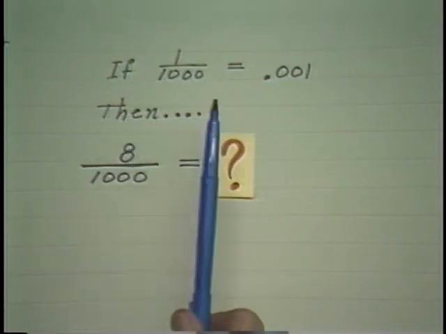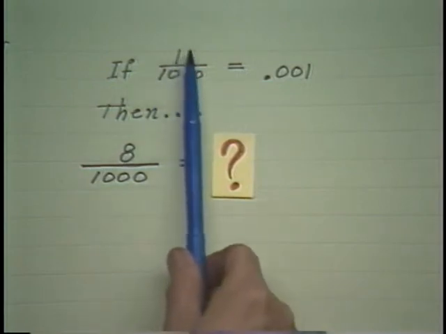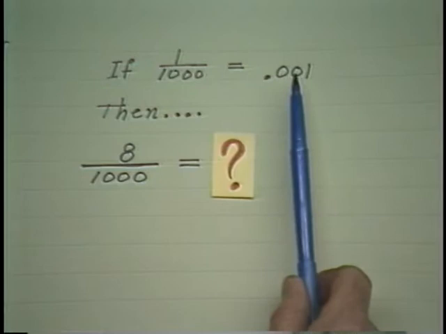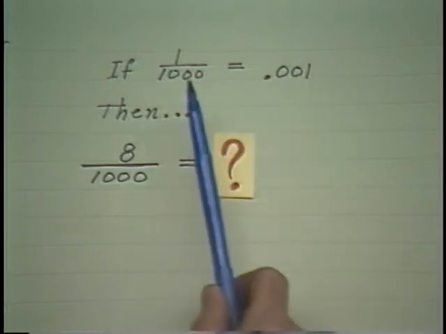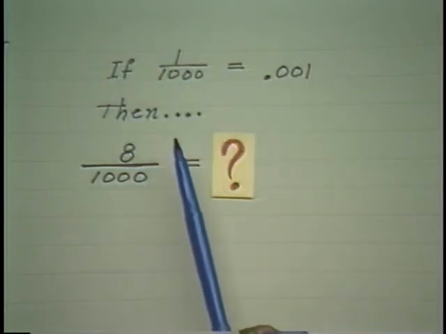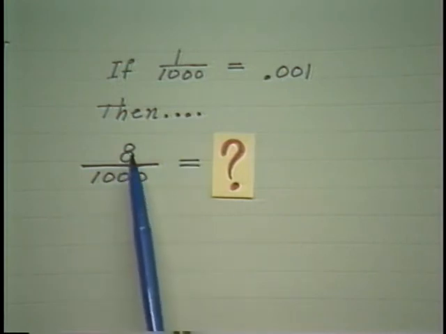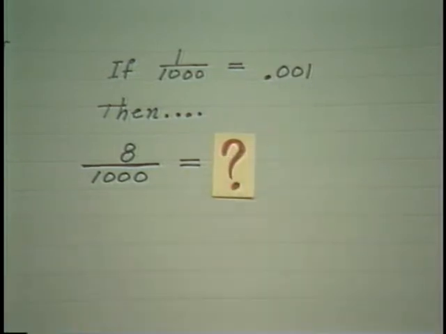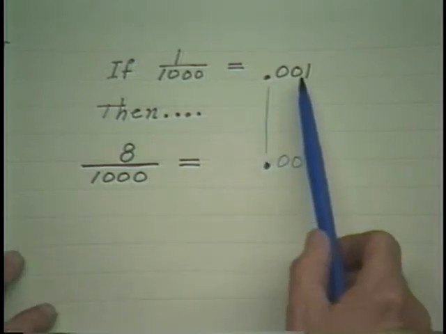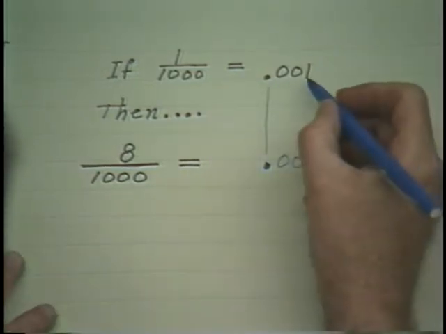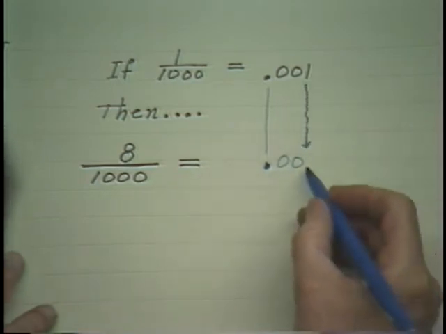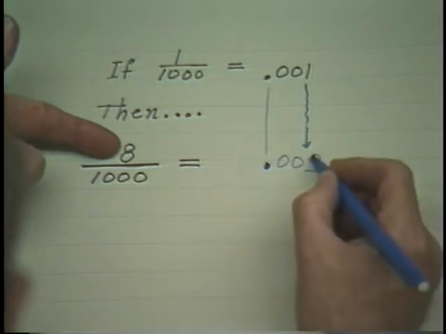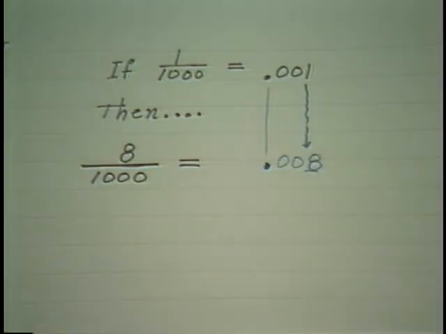Now, generalizing that, if 1 over 1,000 was 0.001, that is the 3rd spot is the thousandth fraction, then how would we express 8 1,000ths? Well, it is that 3rd spot that we want, because it is the thousandth spot, but instead of having 1,000ths, we want 8,000ths, so we'll put an 8 there.